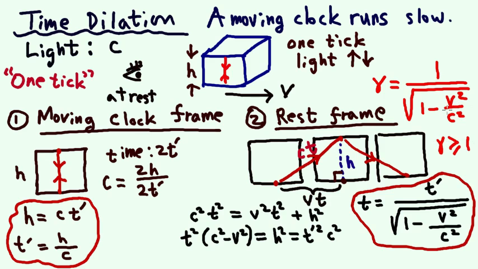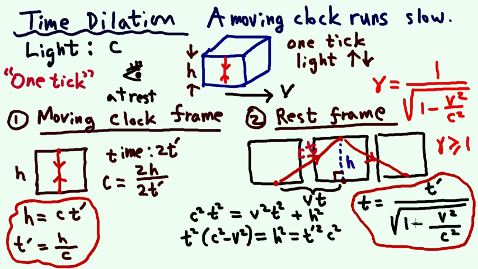This v can be 0, or it can be a number that approaches c for any material particle with a finite mass. So this gamma goes from 1 when v equals 0, and it increases as the absolute value of v increases, all the way to infinity when v approaches c.